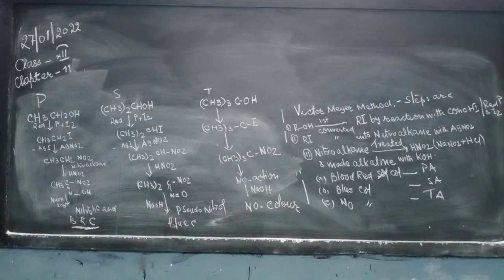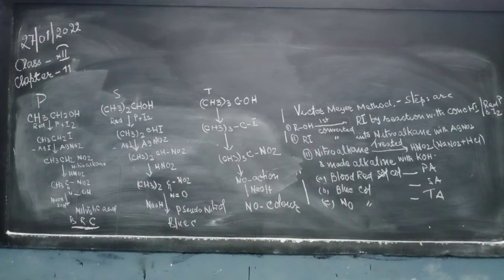In case of tertiary alcohol, it is first treated with red phosphorus and iodine. Alkyl iodide is formed. Then it is treated with silver nitrite. It forms nitroalkane. And then on treatment with nitrous acid, there is no action. And when it is made alkaline, there is no color.